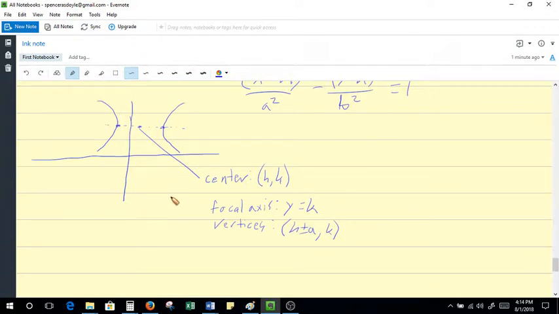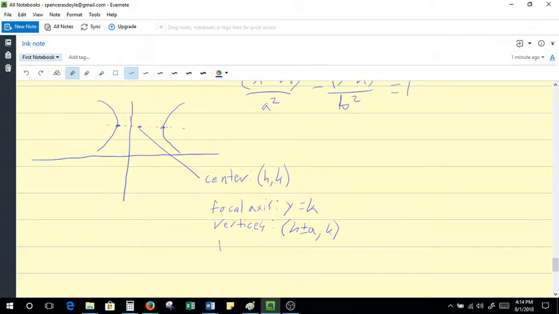The way they define these axes is no longer the major and minor. They call it the semi-transverse and the semi-conjugate, or the conjugate and the transverse axis.